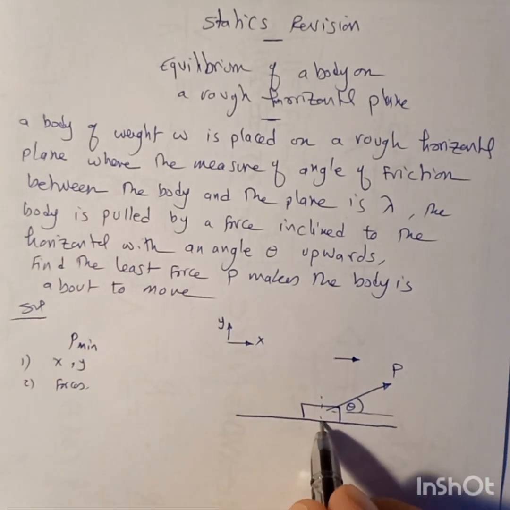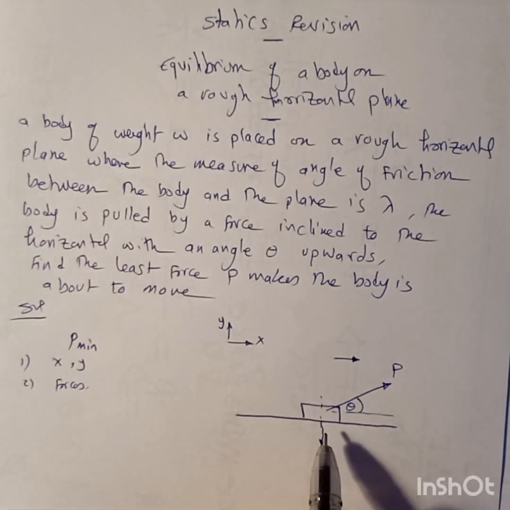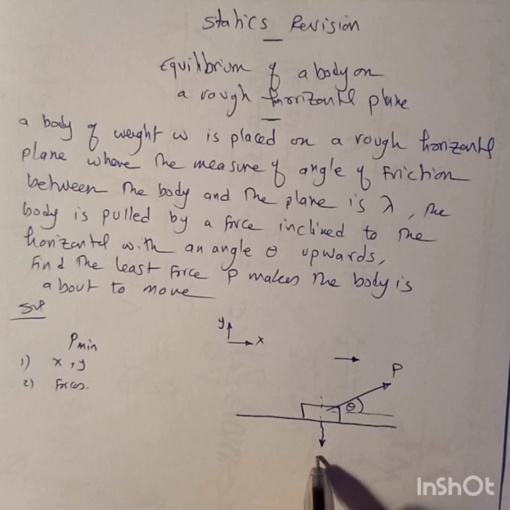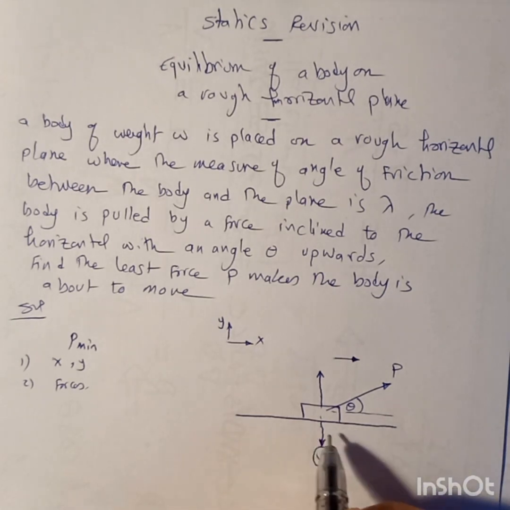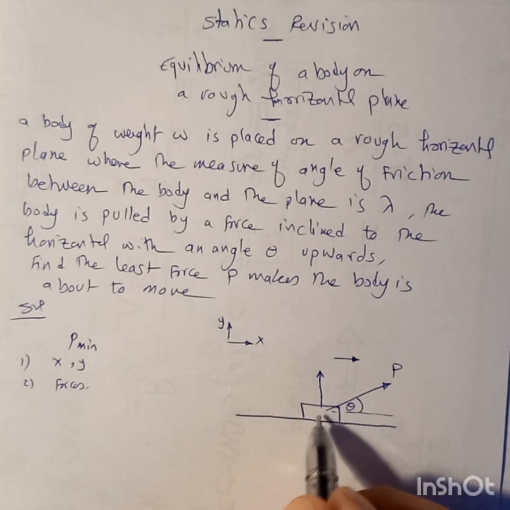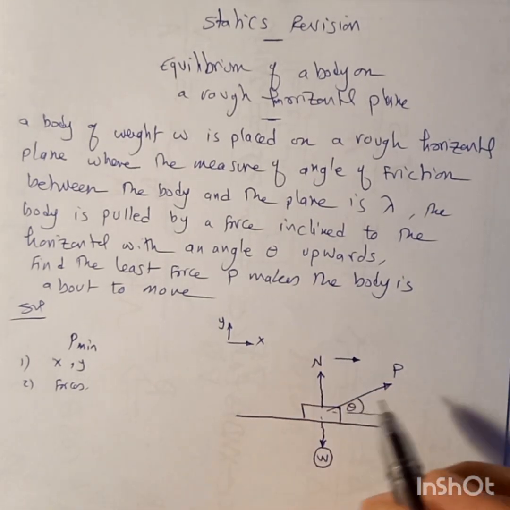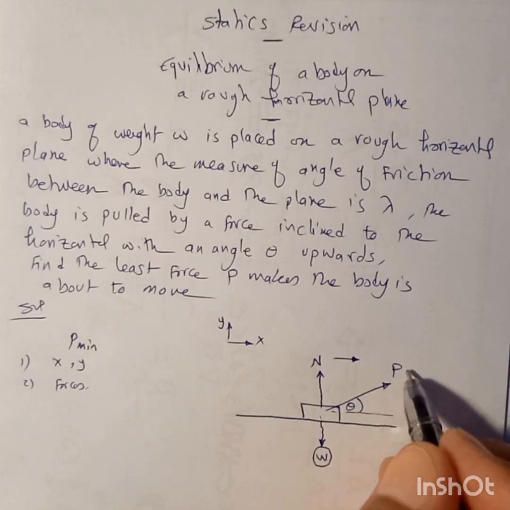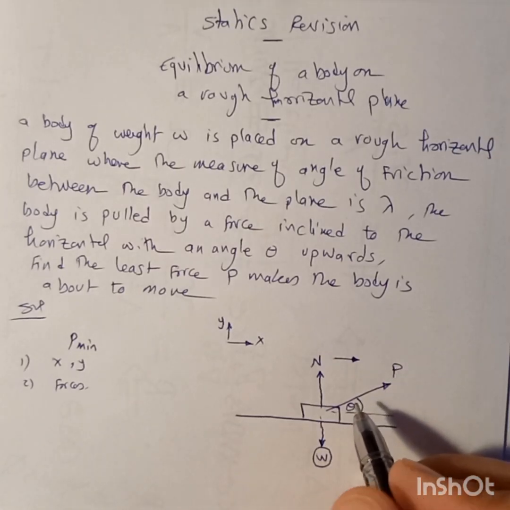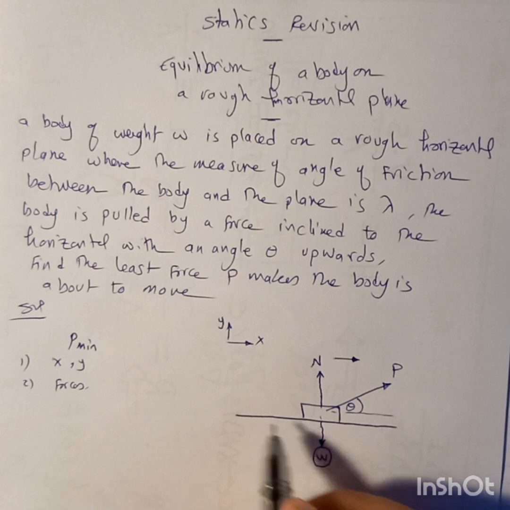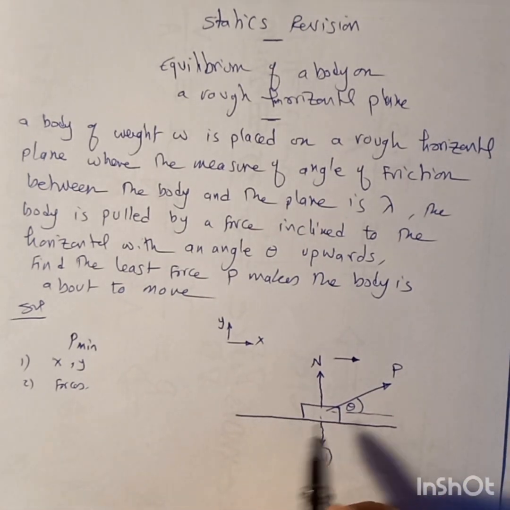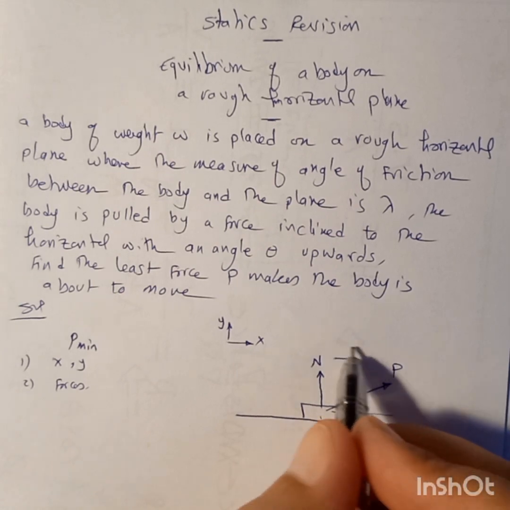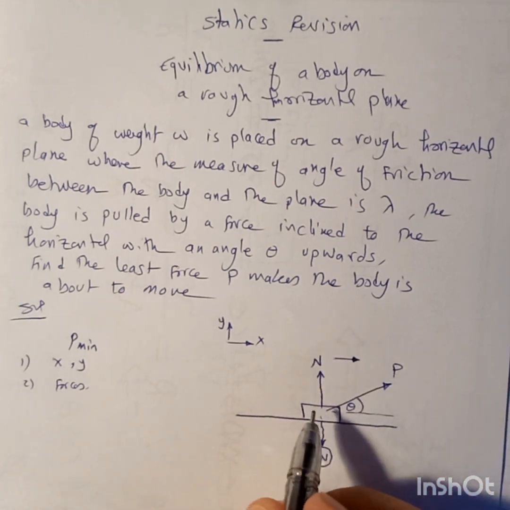We have here, of course, the weight of this body acting vertically downwards in this direction, and this is W. We have here the normal reaction of this rough horizontal surface on this body, N. We have this external acting force P. Then we have also the friction force as the surface is rough. Then we have the expected motion direction in this direction.